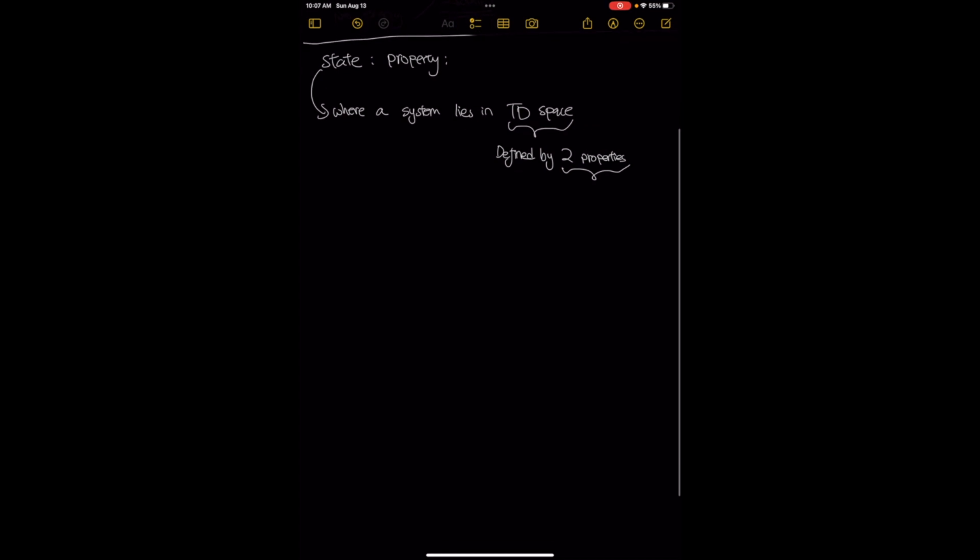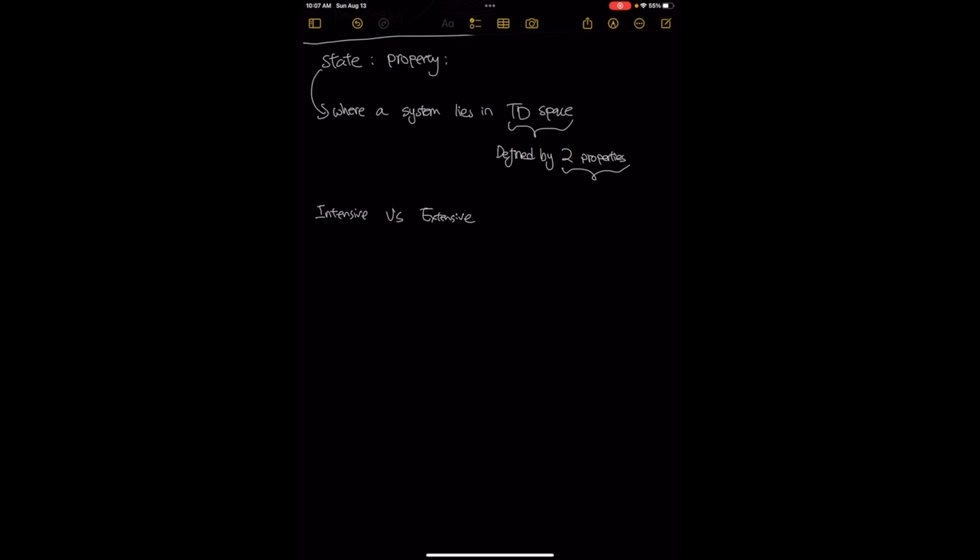There are many ways you can define properties, and one way is to divide properties into intensive versus extensive. Right? What is the difference between intensive and extensive properties? It really depends on how much stuff you have, right?